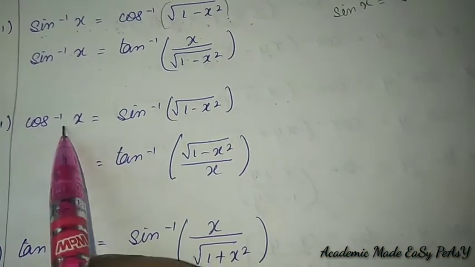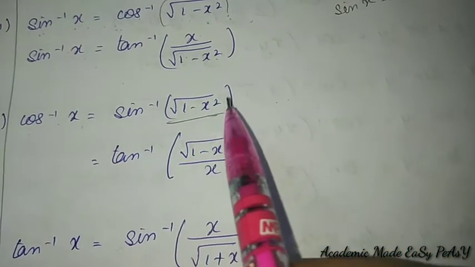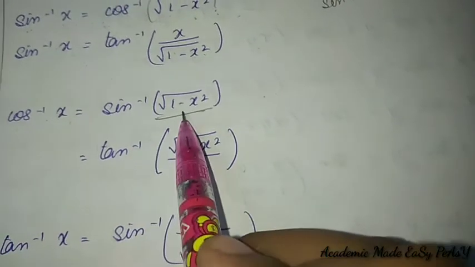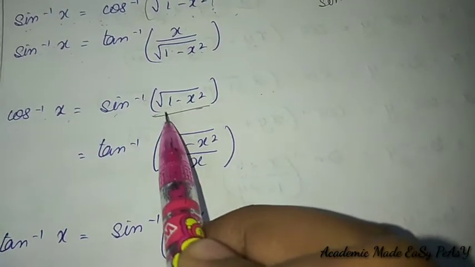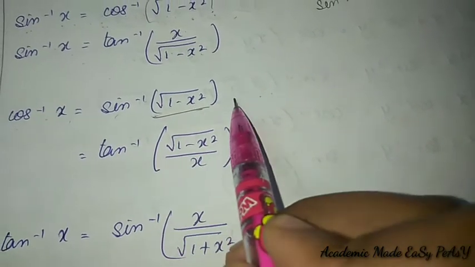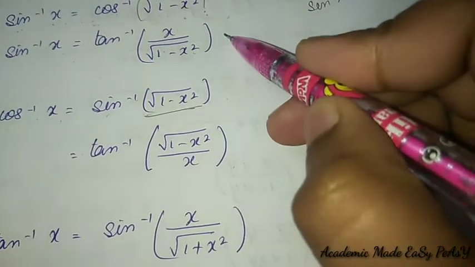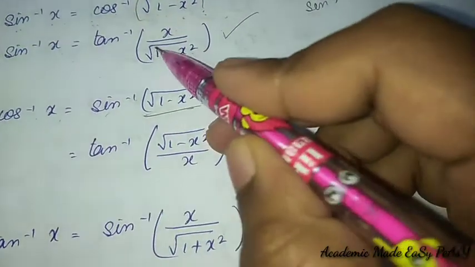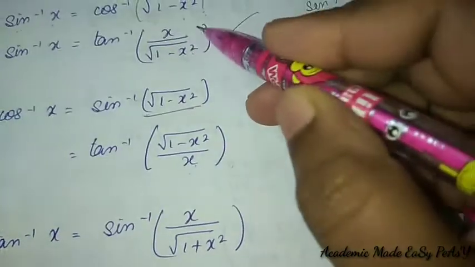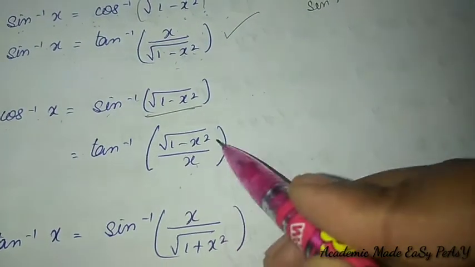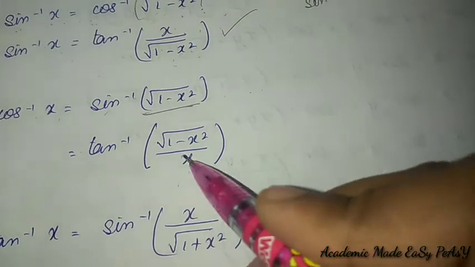Next, cos inverse x, here also the same, cos x is equal to root of 1 minus sine square x. No, here also sine inverse of root of 1 minus x square. So here tan inverse will be just the reciprocal of this. See, when you just see both, x by root of 1 minus x square, here it is root of 1 minus x square divided by x.